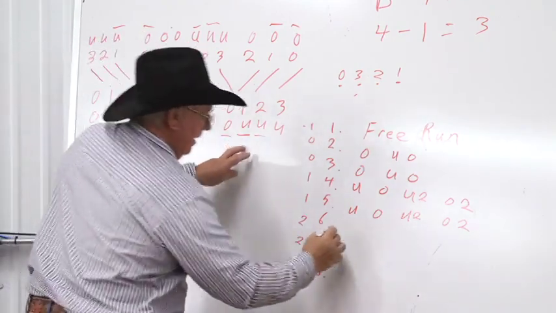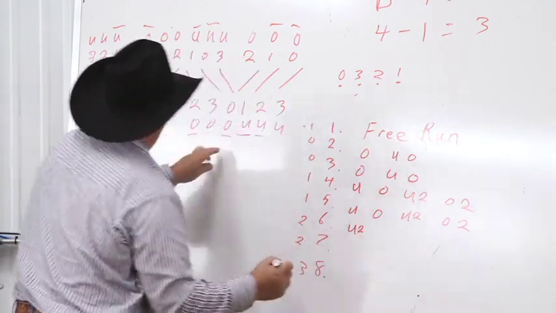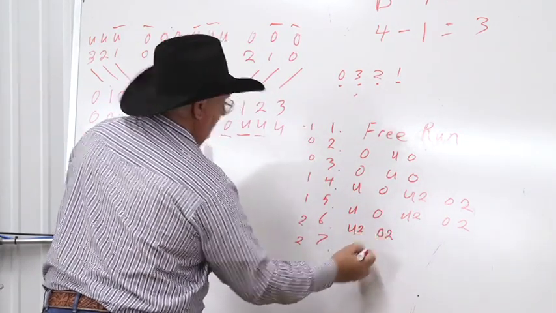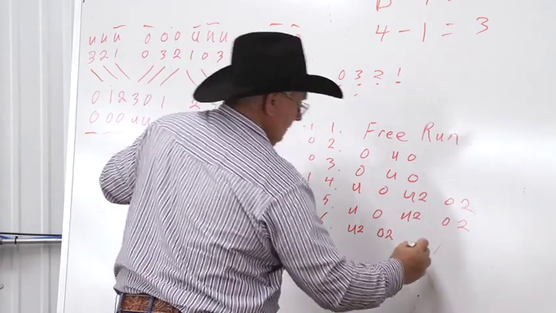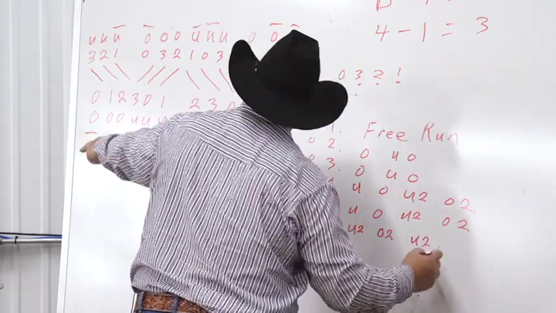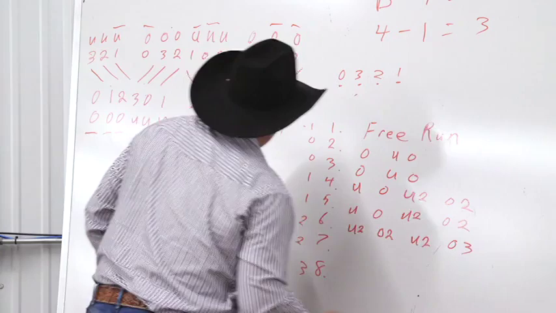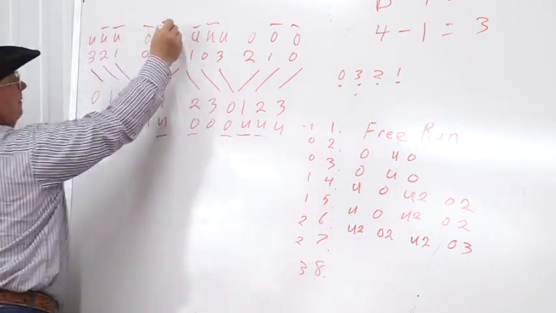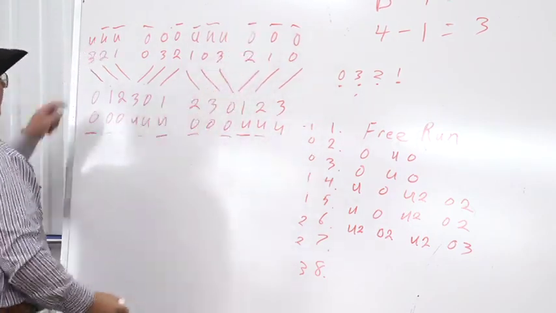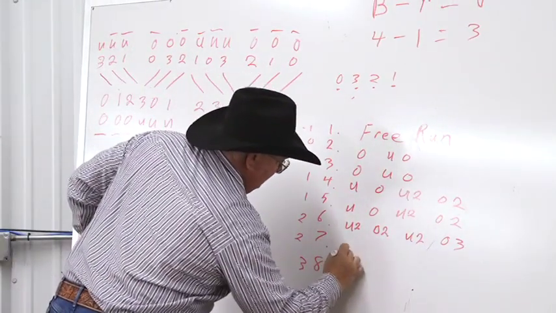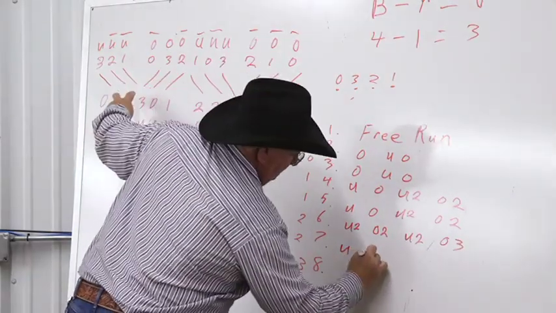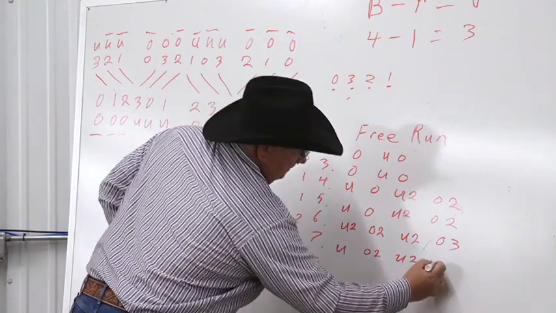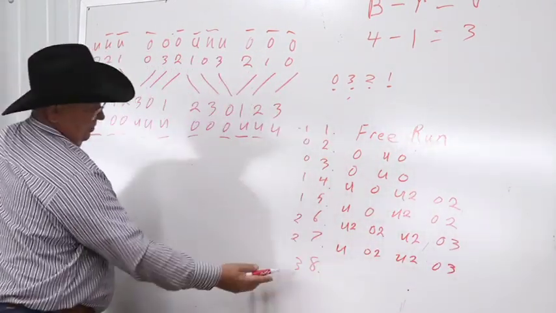So now we've got under 2, over 2, under 2, over 3. Looking for our 2. There, there, there. So it's under 2, over 2, under 2, over 3. Now we're looking for our 3.